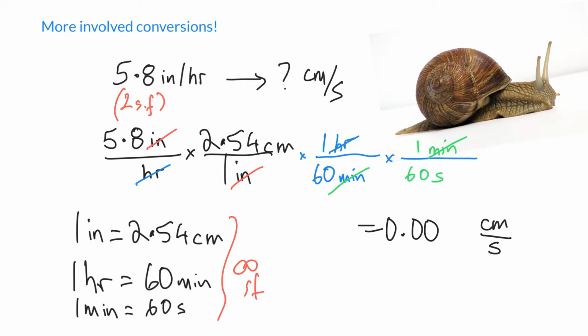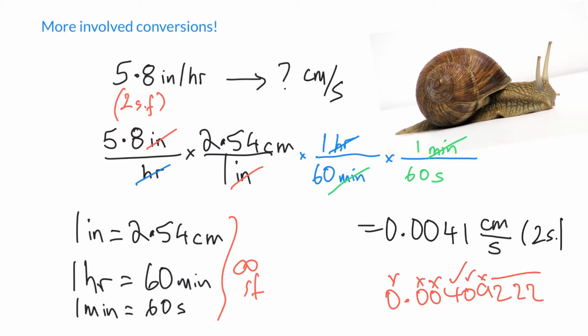And then I've got 0.00409 and a whole bunch of 2s. Those don't count. The 4 counts, the 0 counts, the 9, well, I'd love to count it, but I can't, right? That would be 3 sig figs if I counted it. So I get rid of that, and then I have to do some rounding up here. So that 0 becomes a 1, so 0.0041 centimeters per second to 2 significant figures, and that's the answer.